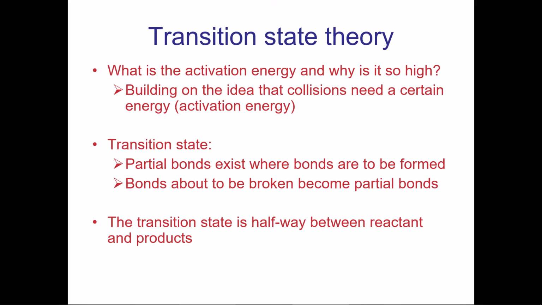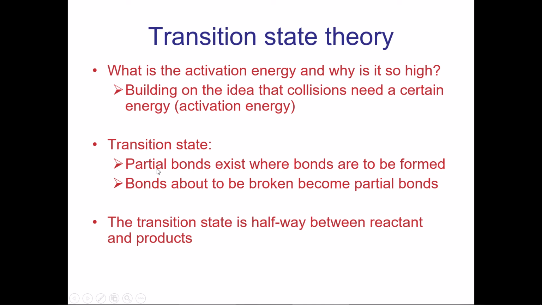This halfway point, because it requires partial bonds that are being broken and partial bonds that are being formed, is highly unstable. Probably not an actual stopping point if we think about a reaction. It's not an intermediate step. And it's what we call the transition state. Right? Because it's so unstable and high energy, we have to make sure we have sufficient energy to get to that point.